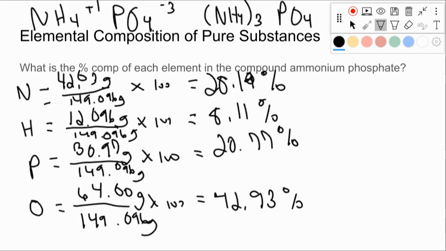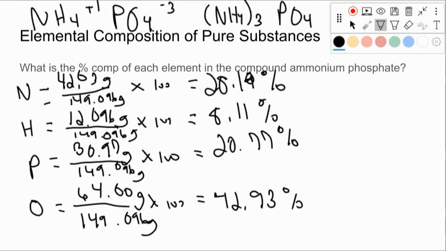So then I want to add these together to make sure that my total percent is correct. And I end up with exactly 100%.